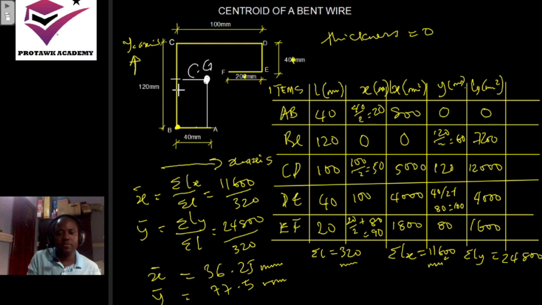We can write out 77.5 millimeter, and from here 36.25 millimeter. Let me use another color to shade it up. This is the point we are considering, and this is the CG of this shape.